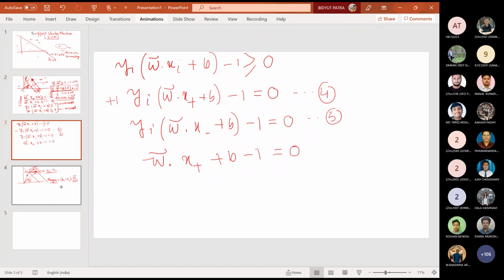And for a negative sample, this will be minus 1, so this will be W bar into X minus sample minus B. And then we are multiplying with Yi. Yi is only this portion. I think we should move here.